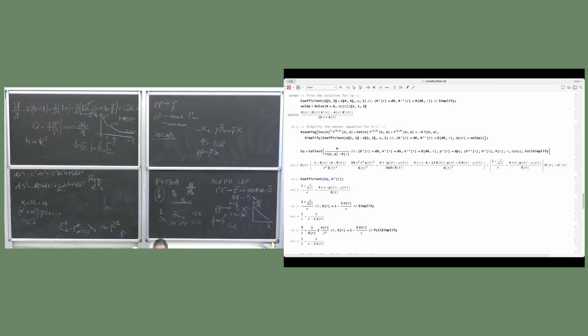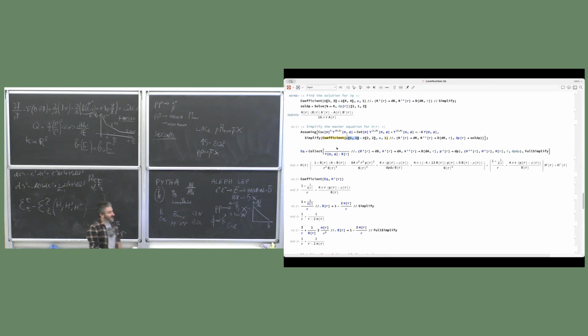So here I take what's going to be my master equation, which is E_tt minus E_rr, and I want to write everything now as a function of H prime and H double prime.